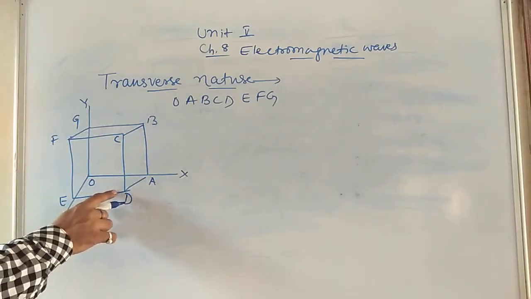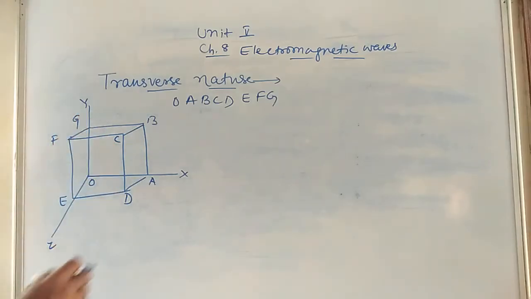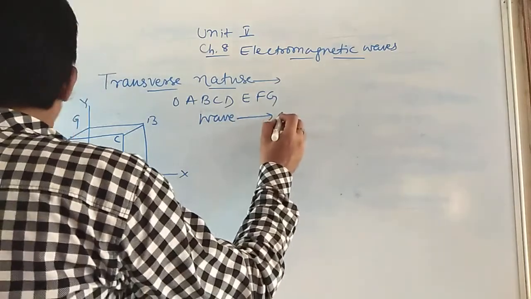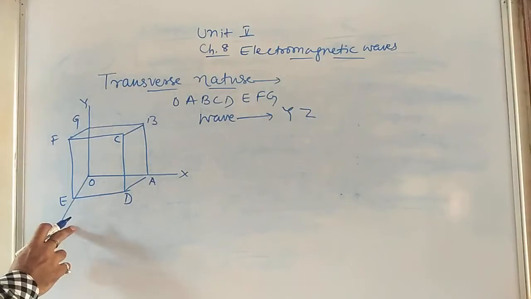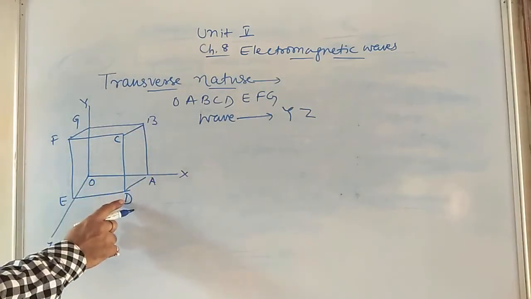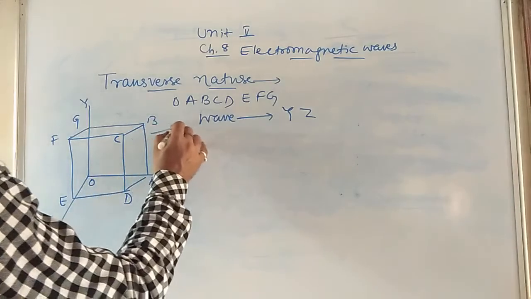The wavefront of the electromagnetic wave is in the YZ plane, and A, B, C and D is a portion of it at any time t.